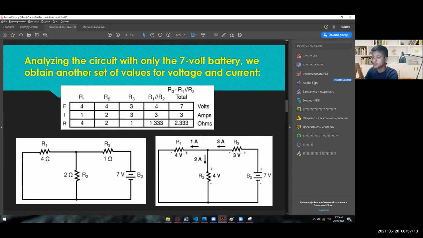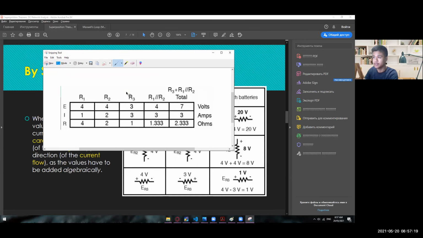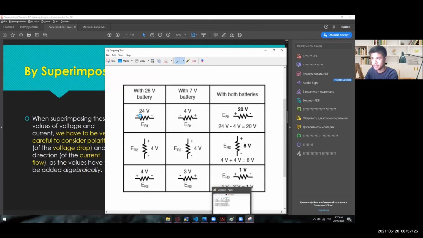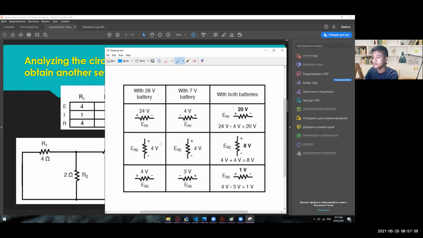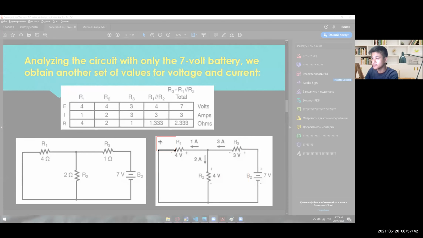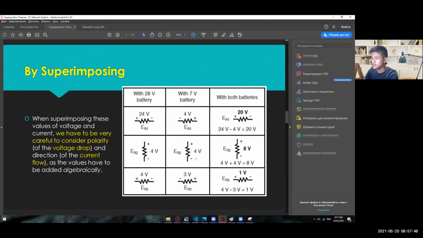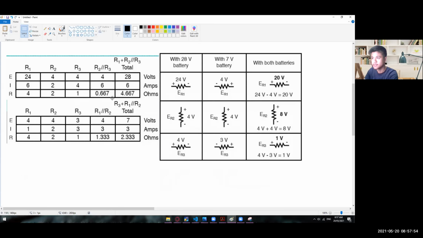And for the superimposed values, we have this one. So this one is only for the voltage. So we have another table for the current. But let's have the voltage values for now. Okay, maybe it's better if we get both of the tables.